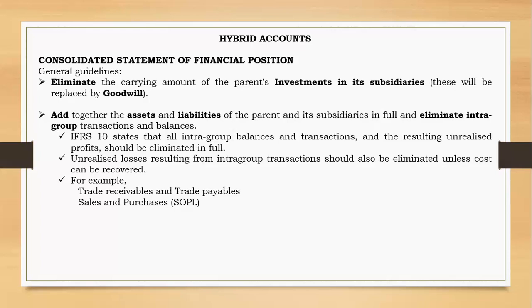Another thing here: it could arise that maybe there is a finance arrangement. Maybe a subsidiary is weak financially, and the parent has decided to lend a hand, and the subsidiary has issued some financial liabilities, and the parent has subscribed to that.